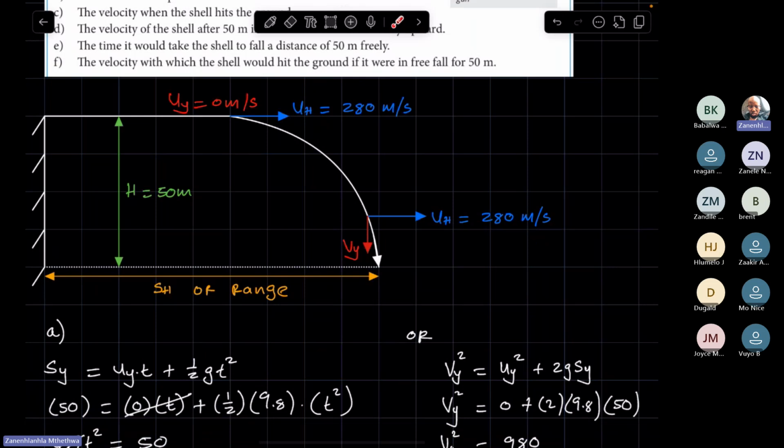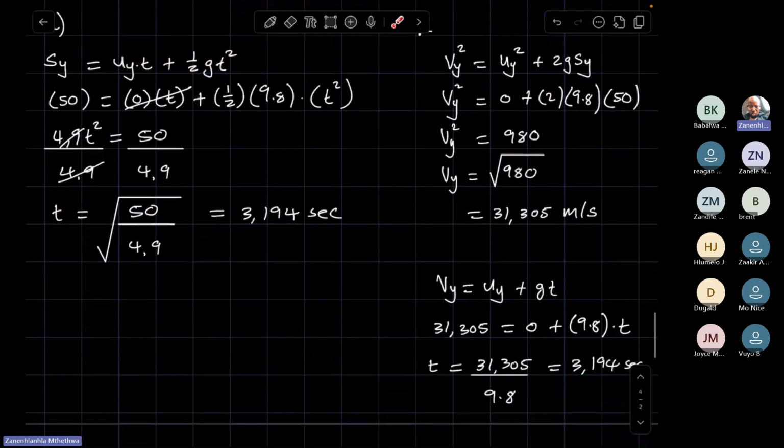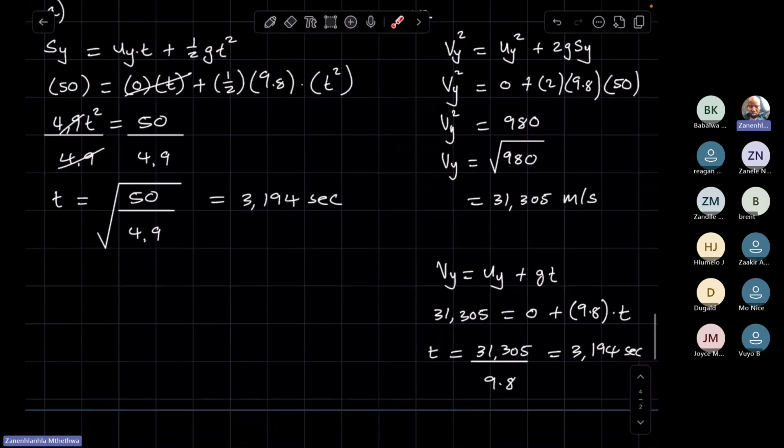If this were not projected horizontally, say this was just dropped from this point and it free falls to the ground, then you are asked to calculate the time it takes to free fall from the top of this building to the ground. Would your approach be any different than the one we took here?